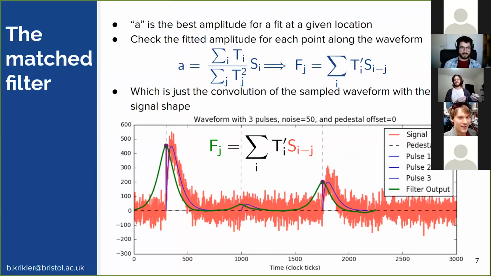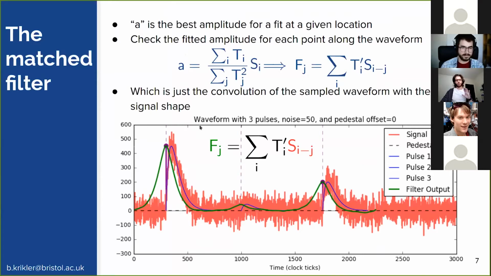So this a is the best amplitude prediction at a given location. It minimizes that chi-square. And by moving this across, you can turn this formula for a into a convolution, which is given by this. At each different point, at each j, we get a value coming out of this filter f, which is just given by this equation.